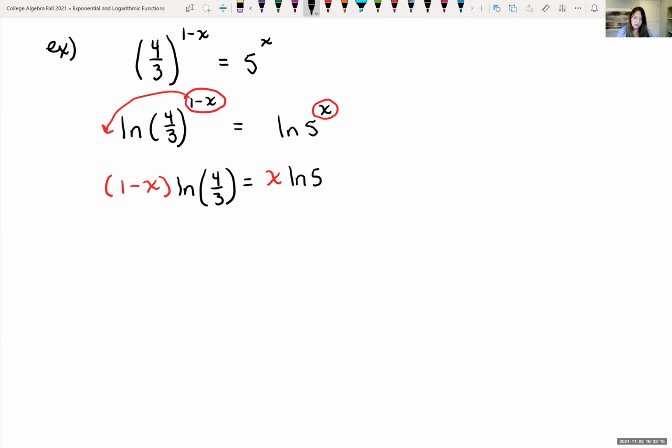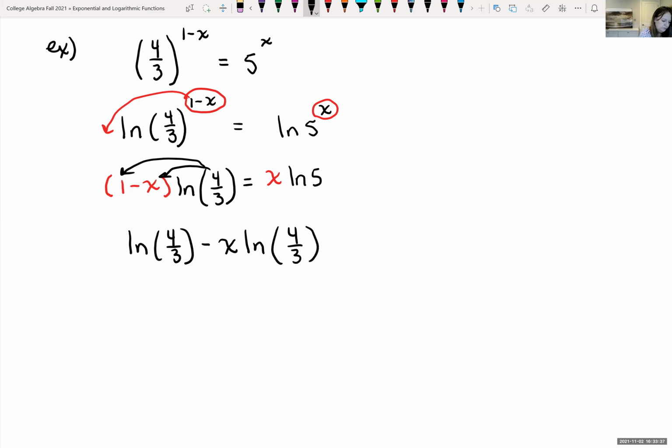We really want all the terms with x in it on one side of the equation, all terms without x on the other side. Let's distribute this natural log of 4/3 inside this parentheses. So 1 times the natural log of 4/3 is natural log of 4/3, minus x natural log of 4/3, is equal to x natural log of 5.